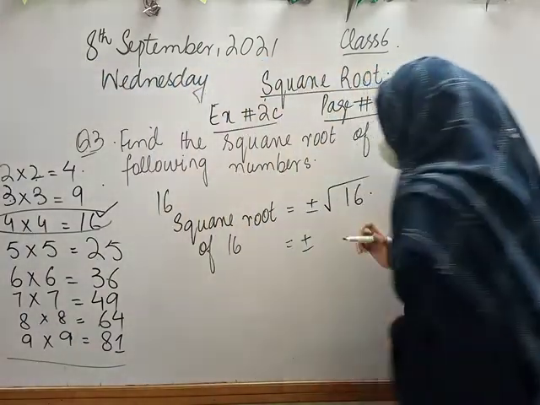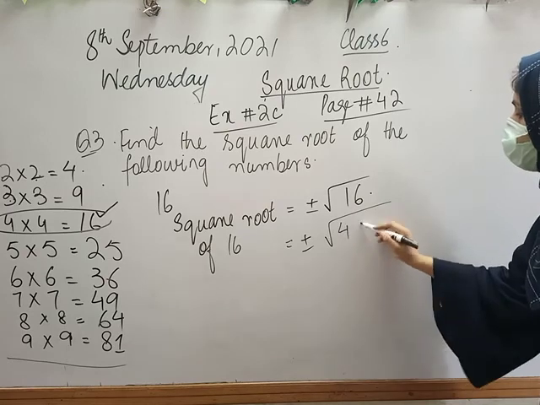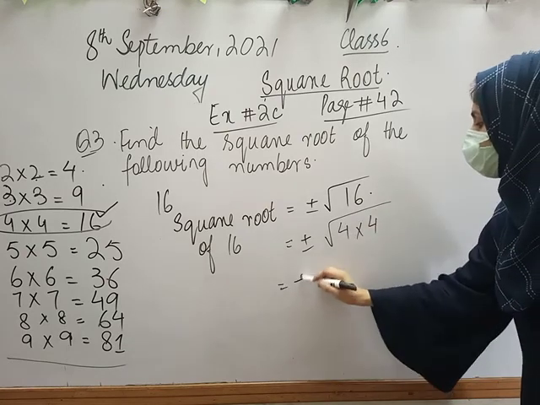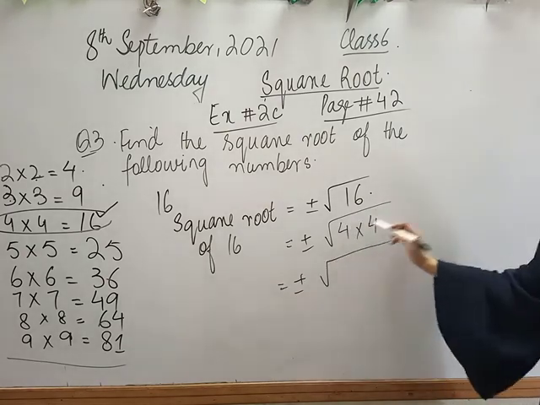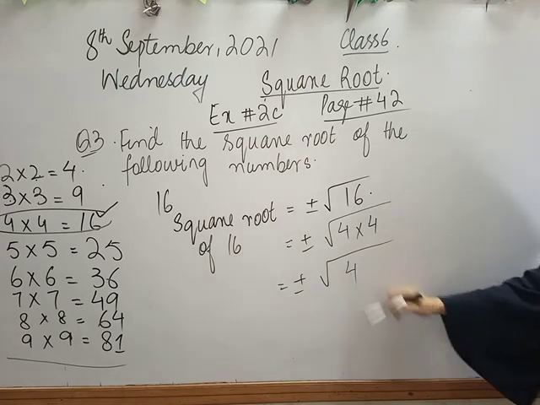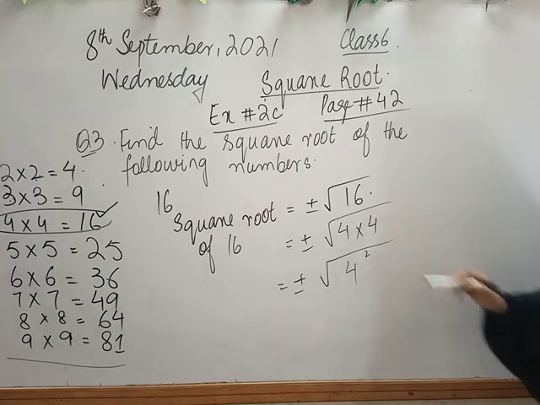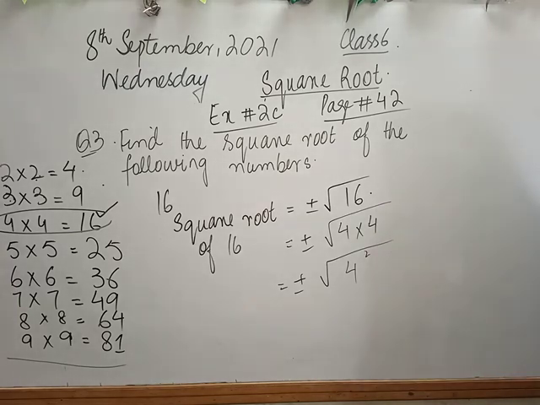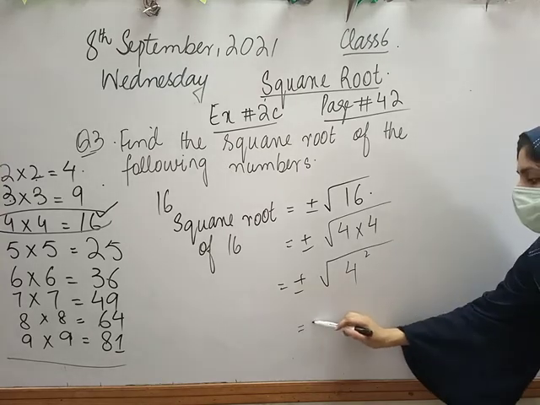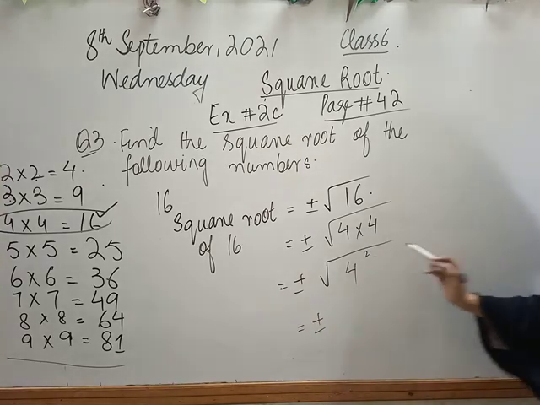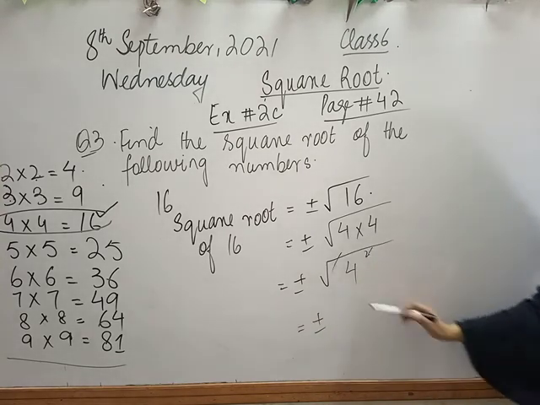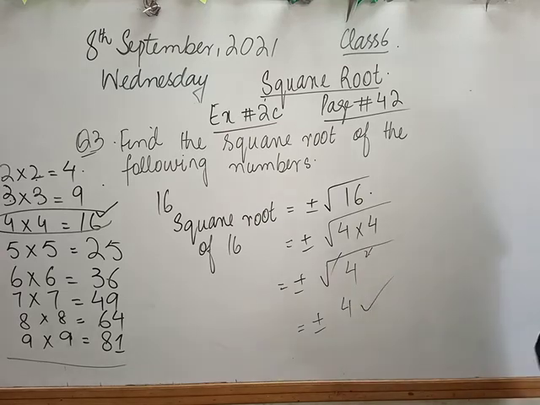Now I am going to write under root 4 multiplied by 4. 4 is same. I will write 4 only one time. And 4 is repeating 2 times, so I will write 2 as a power. Clear? Now in the end I will cut this 2 by this root. In the end we have 4.